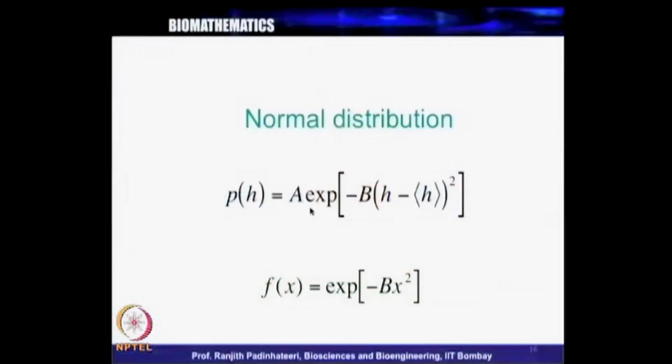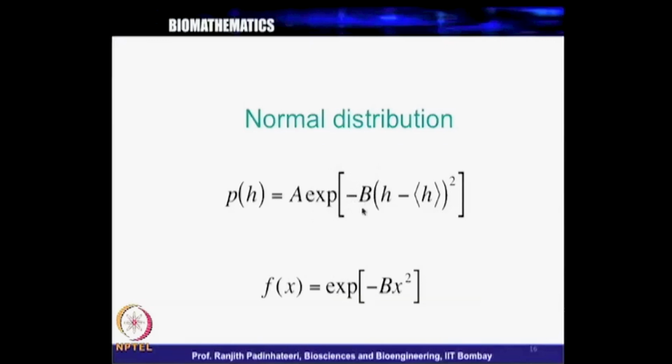The shape of this normal distribution can be written mathematically in this particular form. Look here, P of h is equal to a exponential of some constant b into h minus h average whole square. This is the mathematical formula for a normal distribution where a and b are some constants.